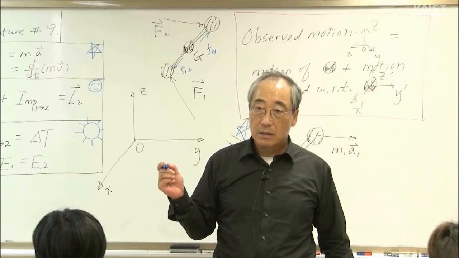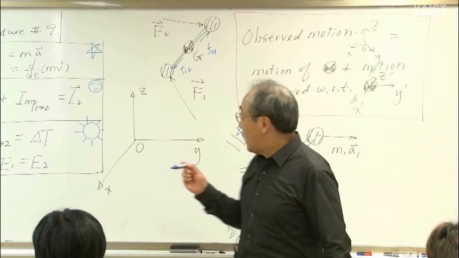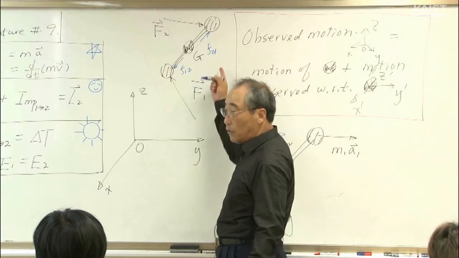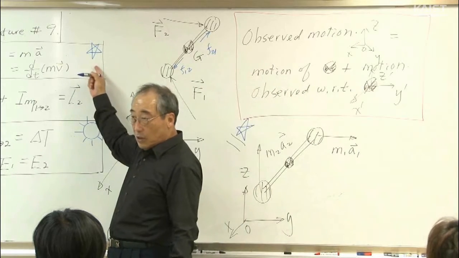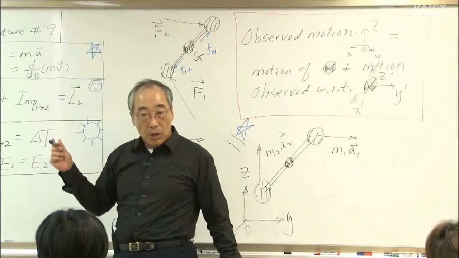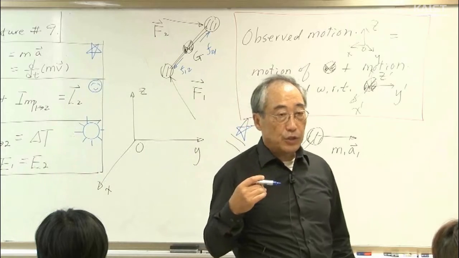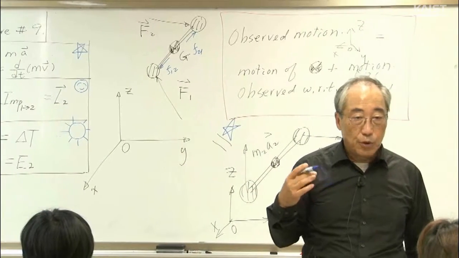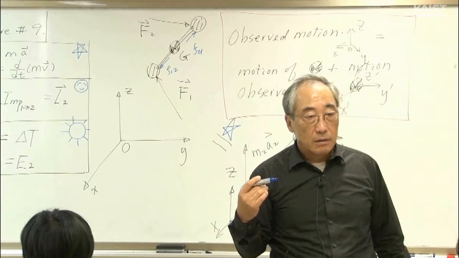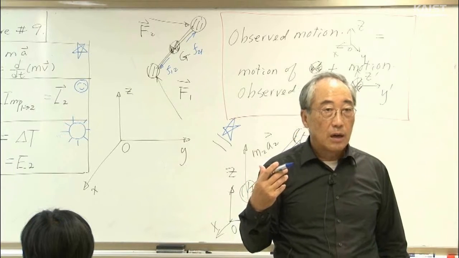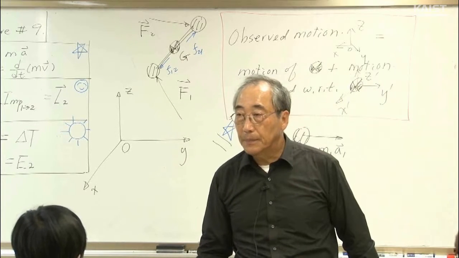Answer. Do we have to consider this internal force to apply Newton's second law? Or the argument to say that F21 and F12 are equal and opposite, therefore those effects are nothing? Which argument is correct?